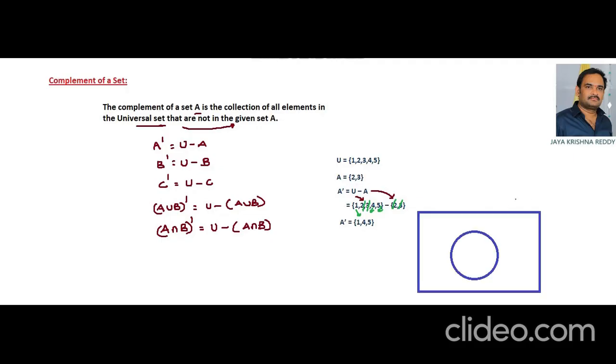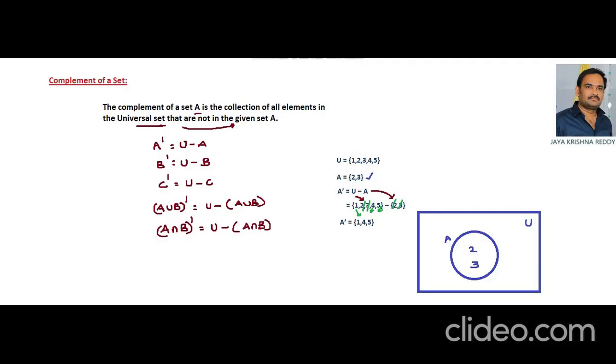And to draw the Venn diagram, let us first draw a rectangle which represents the universal set, and the circle is nothing but the set A. Here we have only one set A, so we draw only one circle. What are the elements of set A? 2 and 3. What are the elements of the universal set? 1, 2, 3, 4, 5.